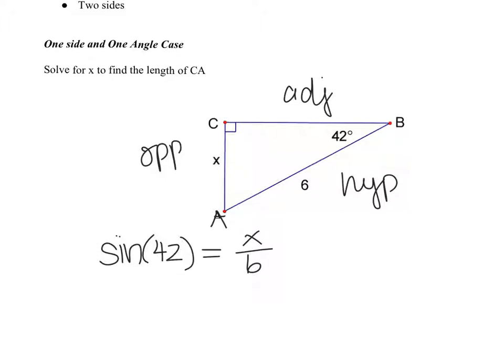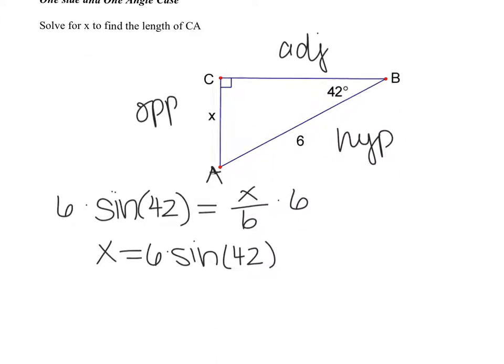In order to solve for x, we have to get rid of the 6, so we multiply both sides by 6. We get x equals 6 times sine of 42, which when we use our calculator gives us that x is approximately 4.01.